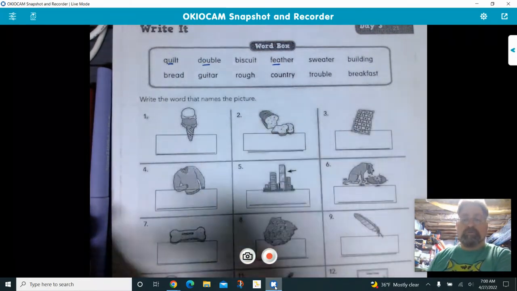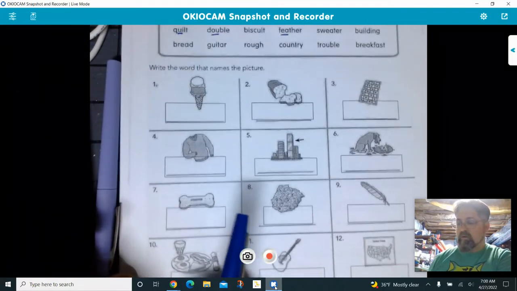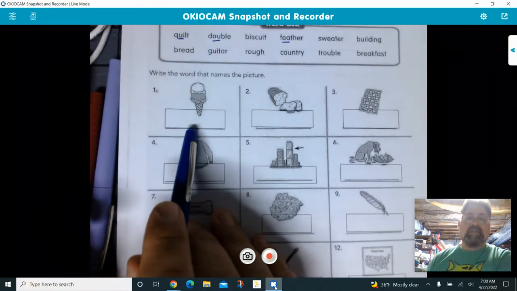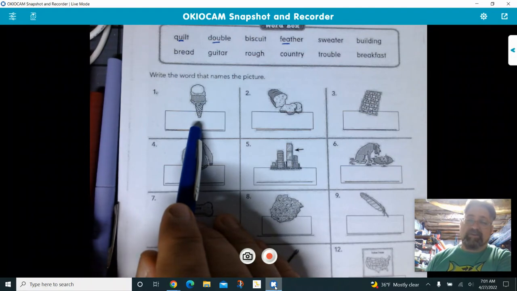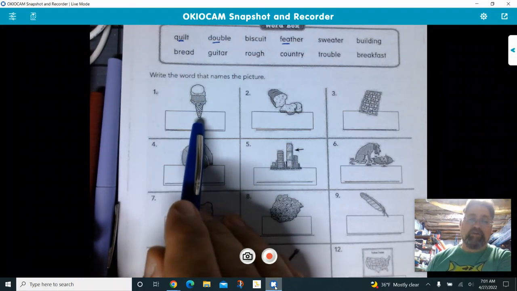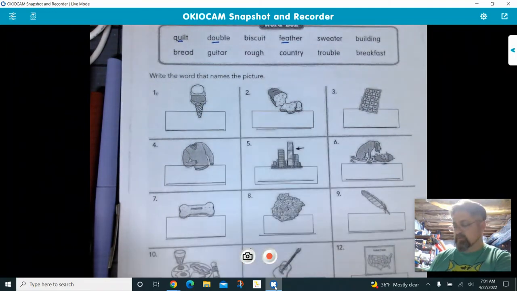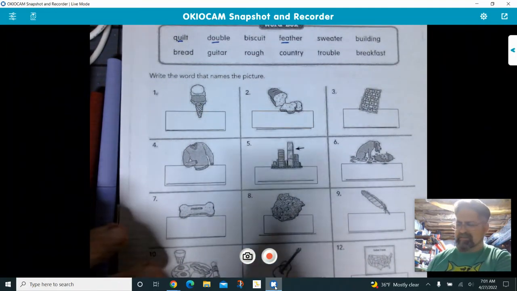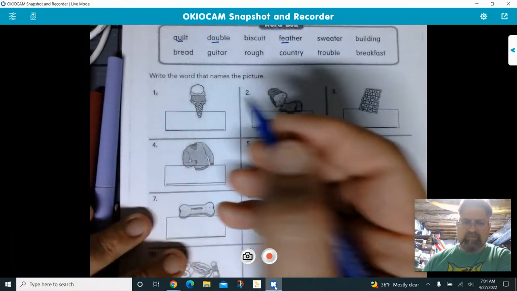So let's go through our pictures and see what words match them up. All right, we have an ice cream cone. That is obviously going to be breakfast. Now, if you're eating an ice cream cone for breakfast, that's not good. But look, it's not just one scoop, is it? It's a double scoop. It's not really a good way to write a picture for double, unless you do something like 2 times.